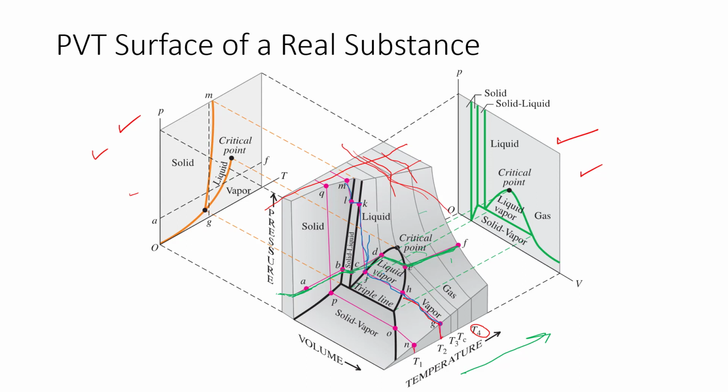That means in order to go from liquid phase to solid phase, you need to apply lots of pressure. It takes lots of pressure to compress the liquid, and it takes even more pressure to compress the solid. When it's in solid phase, you can compress the solid by only a small volume for this large increase in pressure.